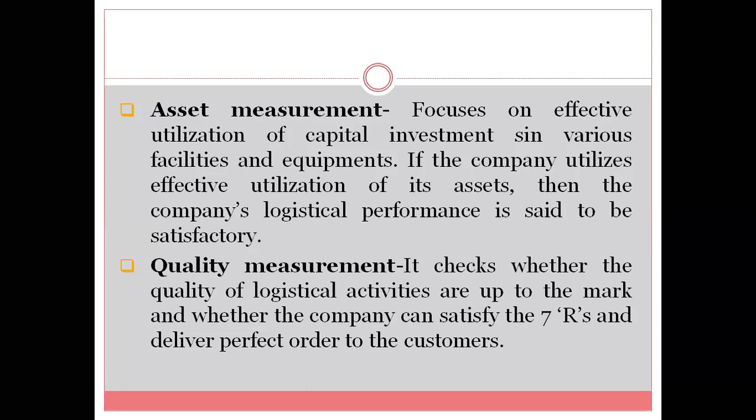Right product, right quantity, right condition, right place, right time, right price, and right customer. So when we are satisfying the 7Rs, we can tell that that is a perfect order. And quality measurement can be done when we are able to satisfy the 7Rs. So if the company is able to deliver the 7Rs, then we can say that the logistical performance is said to be satisfactory.